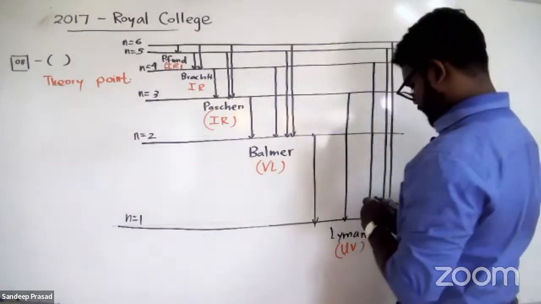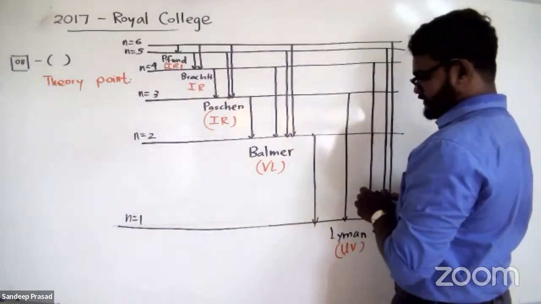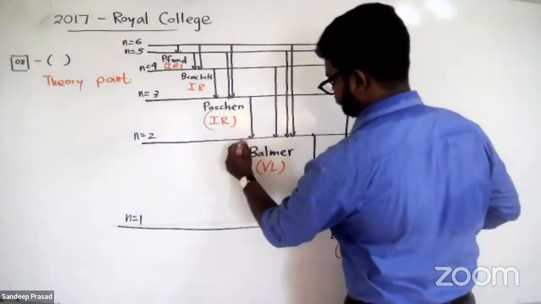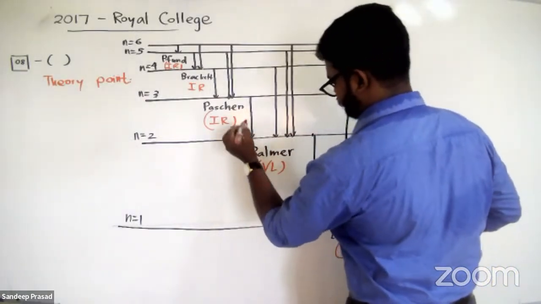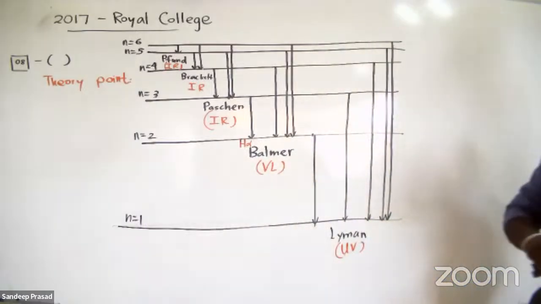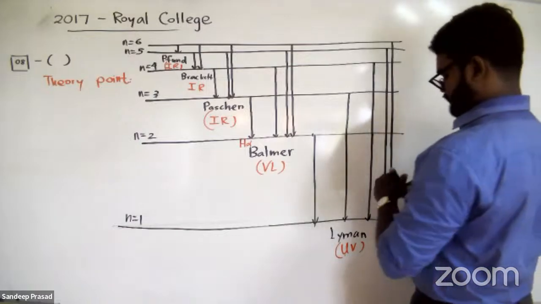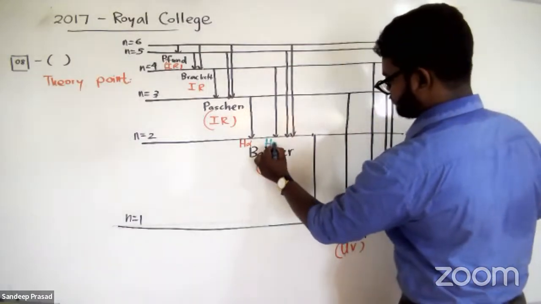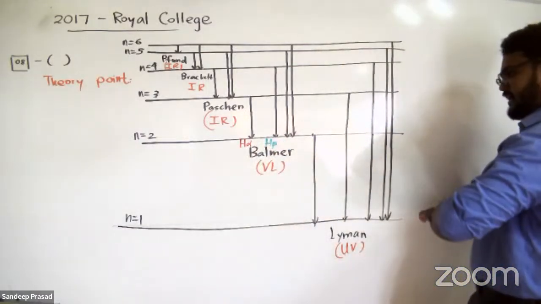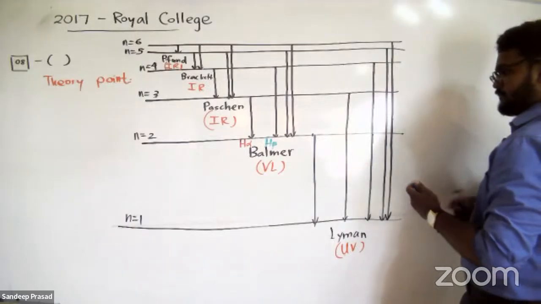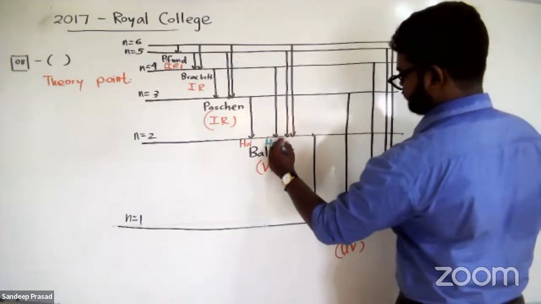Balmer series. Balmer series first line is considered as H alpha. Second line H beta. Next one H gamma, blue color.